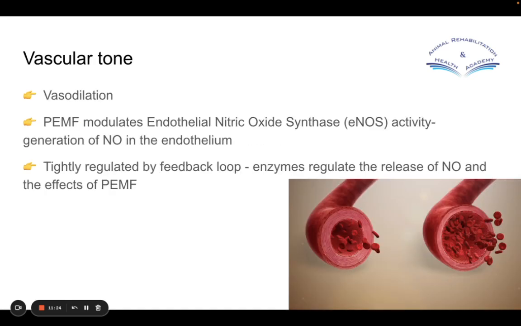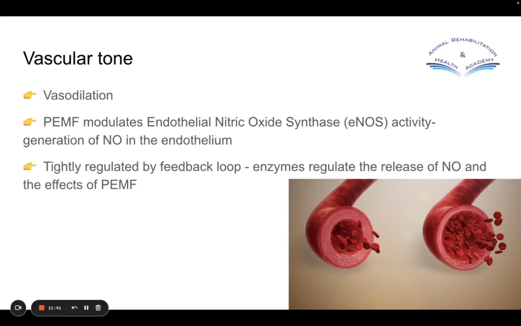Okay, moving on now to vascular tone. So when we're thinking of vascular tone, we're thinking about vasodilation. So this is a key aim of physiotherapeutic intervention, which we all discuss and talk about with all of our treatments.